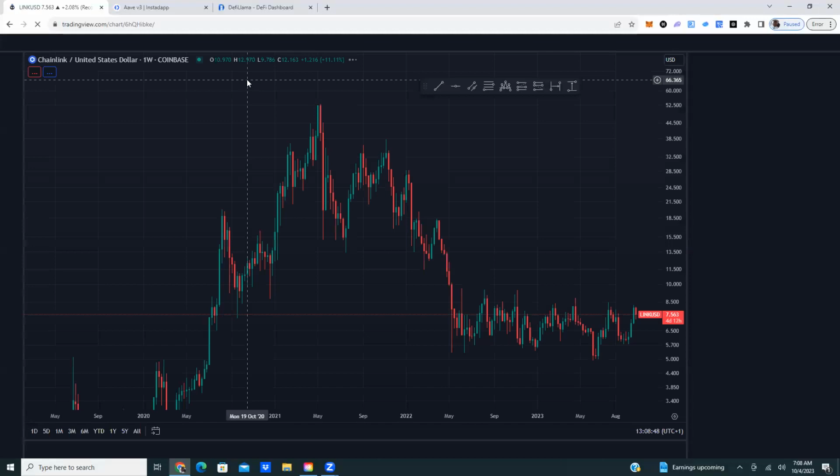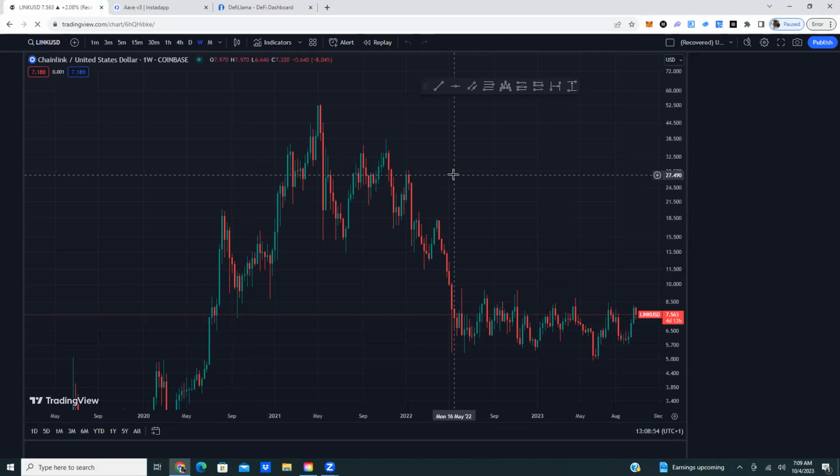And if the asset is moving down in price, you want to make sure that your debt is in the fluctuating asset.